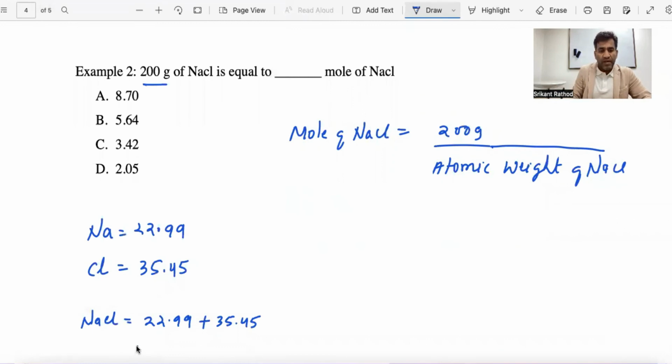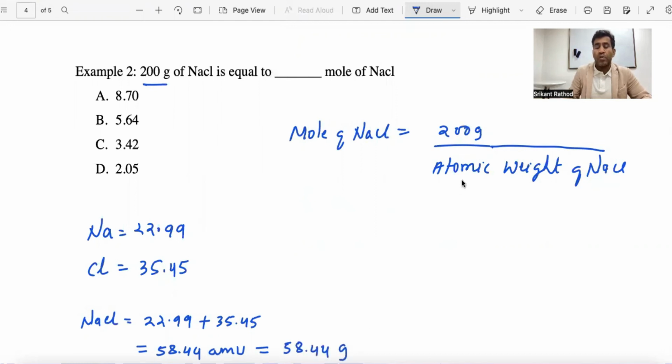So 58.44 atomic mass units, which is also equal to 58.44 grams. So we can say 1 mole of sodium chloride is equivalent to 58.44 grams of sodium chloride.